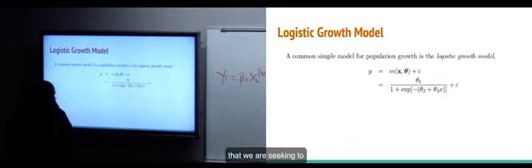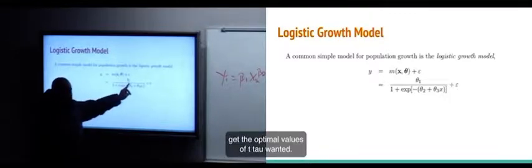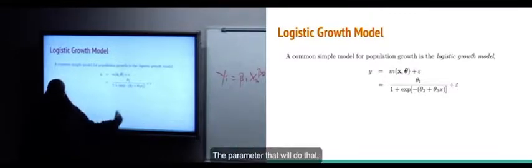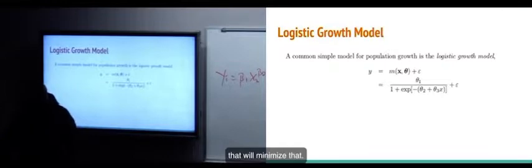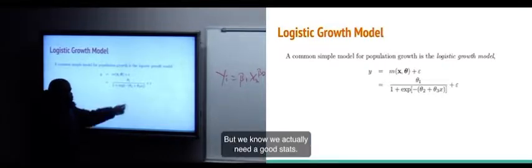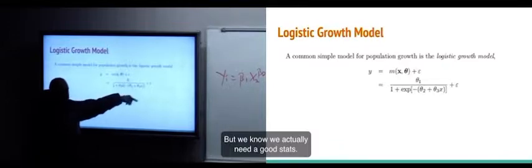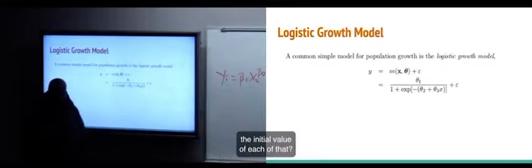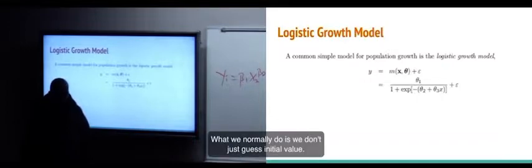Only that we are seeking to get the optimal values of the parameters that will minimize that. But we actually need a good start. Okay, what is going to be the initial value of each of those? And what we normally do is we don't just guess initial values.